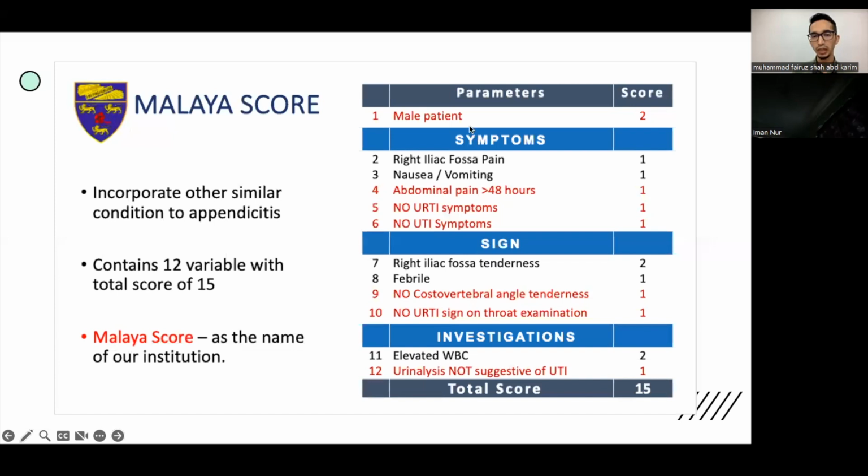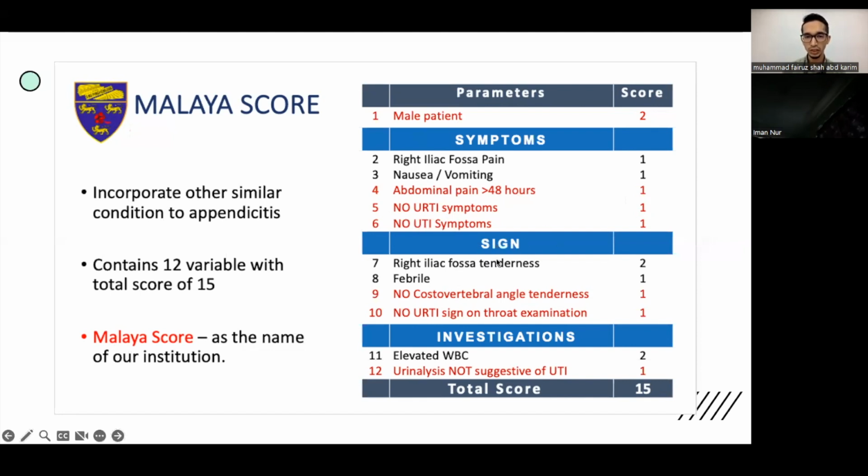You can see from here, we added a few things that are not in the common Alvarado score. For a male patient, we gave an extra 2 score. For a symptom, let's say abdominal pain of more than 48 hours, we gave an additional 1 score. No URTI symptom: we understand that sometimes, especially in pediatric patients, they can have a URTI that mimics mesenteric adenitis and came in like acute appendicitis, so we ruled out those with URTI symptoms.